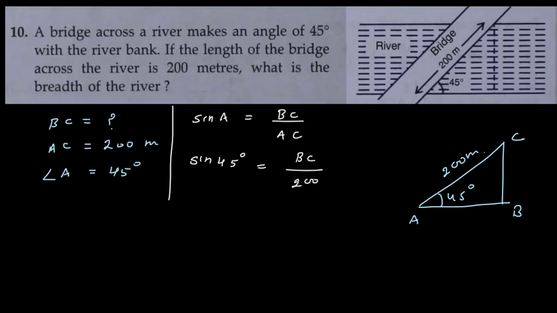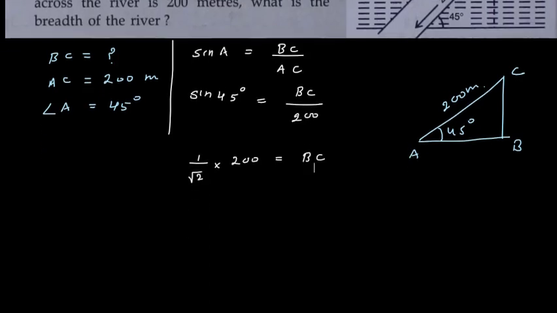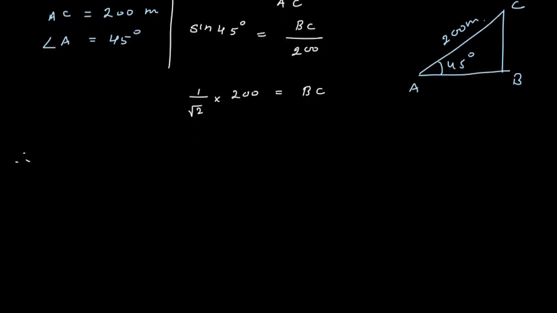The value of sine 45 is 1 upon root 2. This 200 I will move to the left, so it will be 1 upon root 2 into 200 is equal to BC. So finally BC is equal to 200 upon root 2.